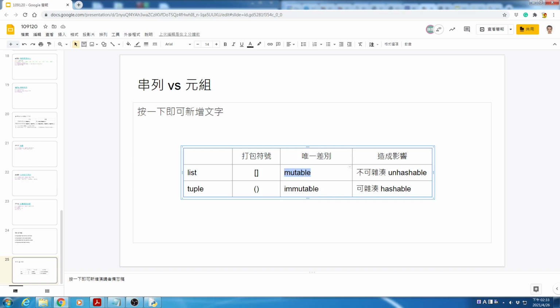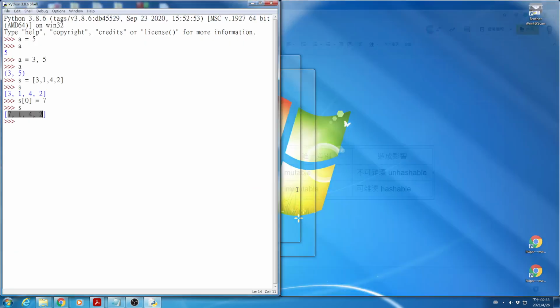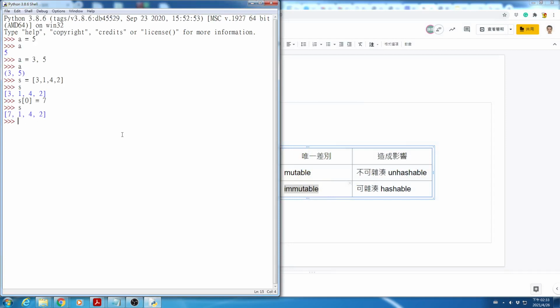And what does it mean to be immutable? Apparently, you cannot change the single values inside a tuple like this. When a is a tuple, can I change this 3 into something like 8? Can I assign 8 to a[0]?